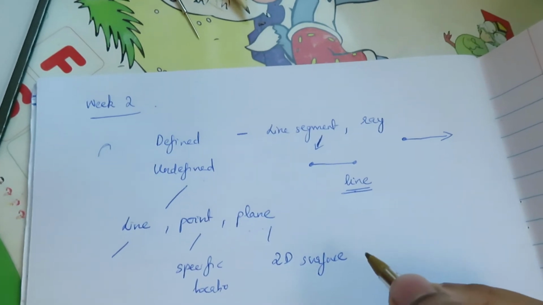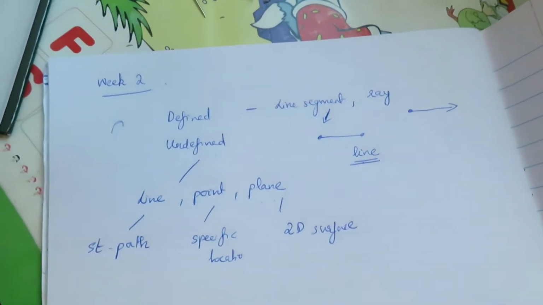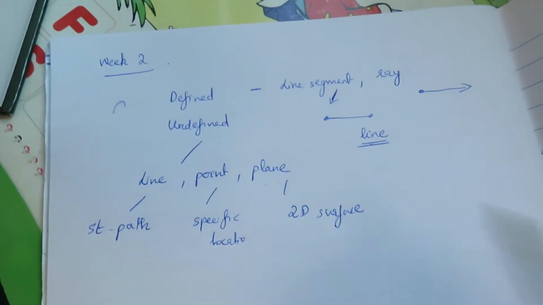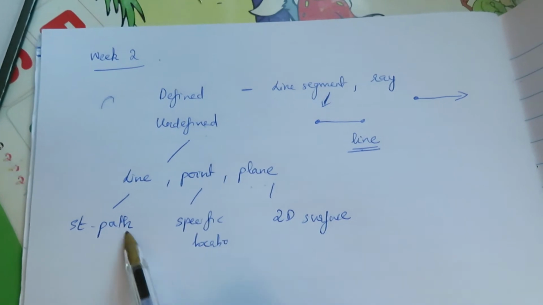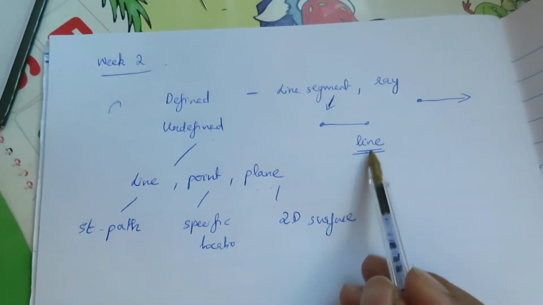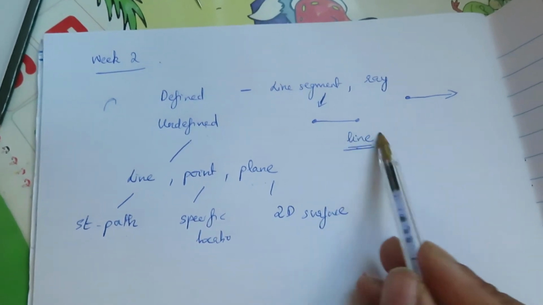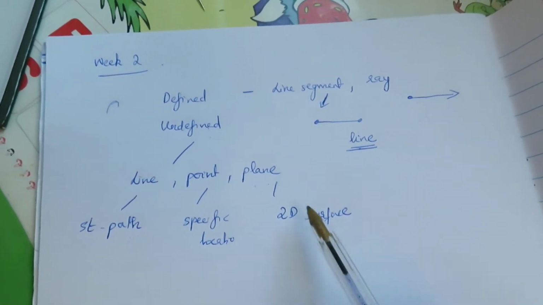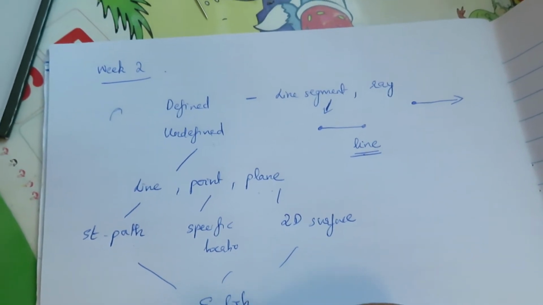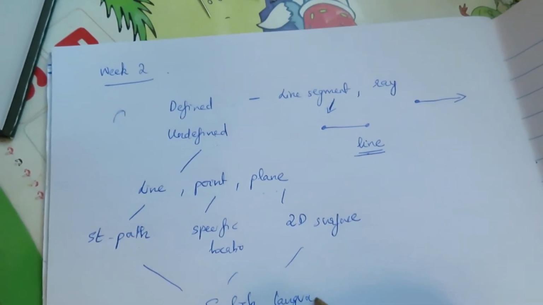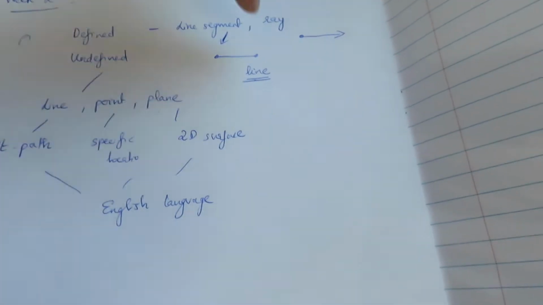A line, you can describe as a straight path that goes endlessly in either direction. So these are undefined because you don't have any geometric term like a line to define these. These are just plain English terms. So these are all undefined terms and these are defined terms.